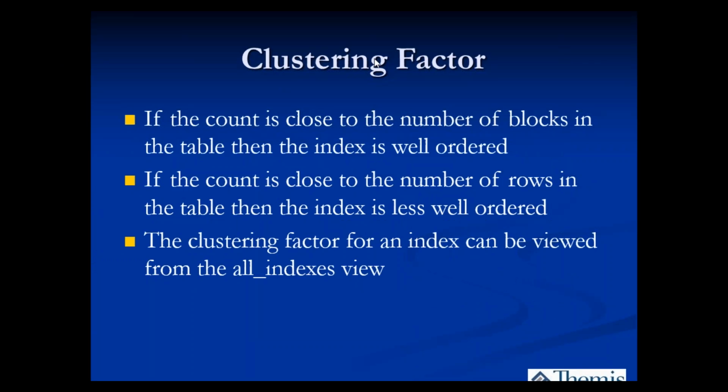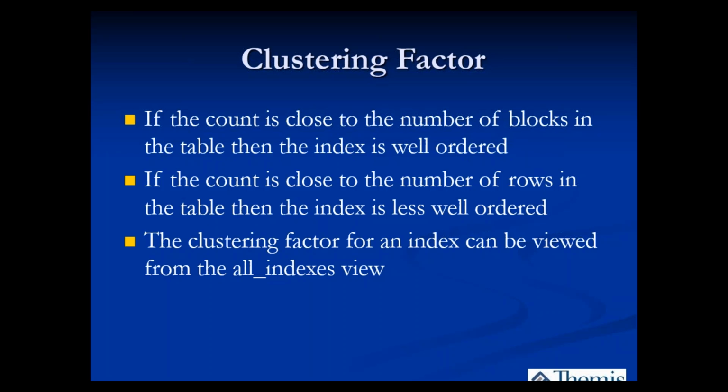All right, so like I was saying, these top two bullets here explain it pretty well. So if we're looking at this clustering factor, remember, this is generated by somebody generating statistics. If the clustering factor value is close to the number of blocks that the table represents. Remember, in Oracle, the lowest piece of the architecture is a database block, and by default it's 8K.